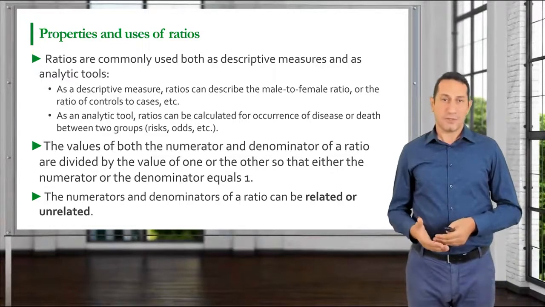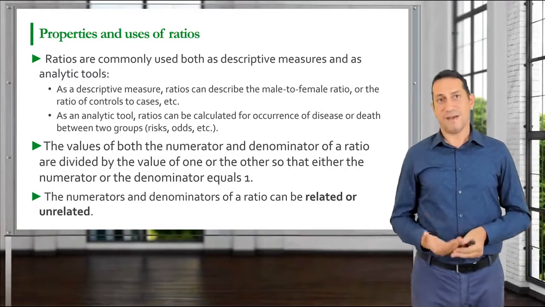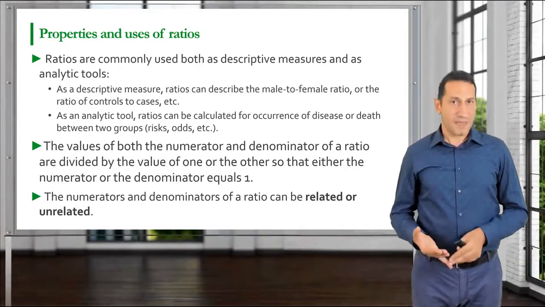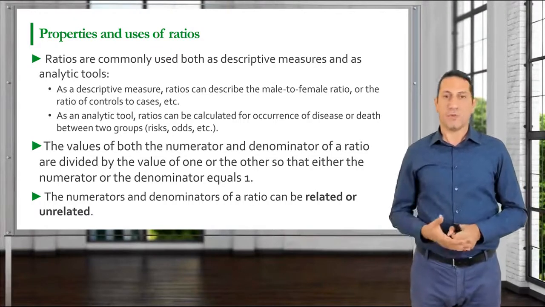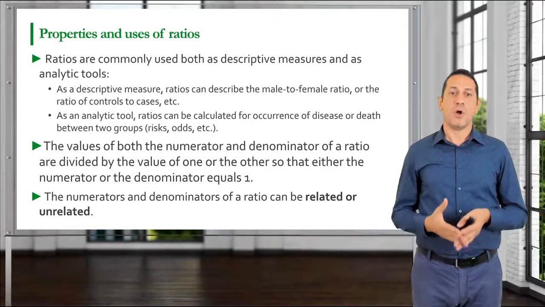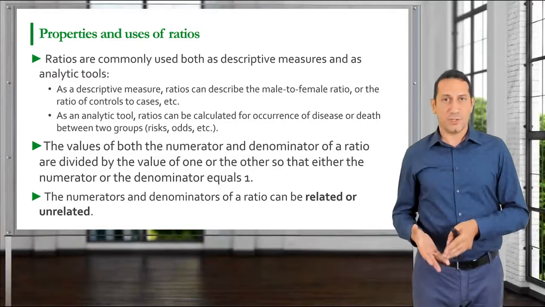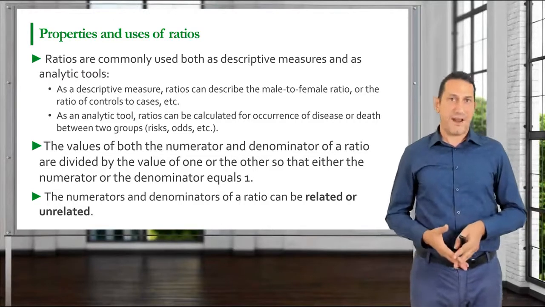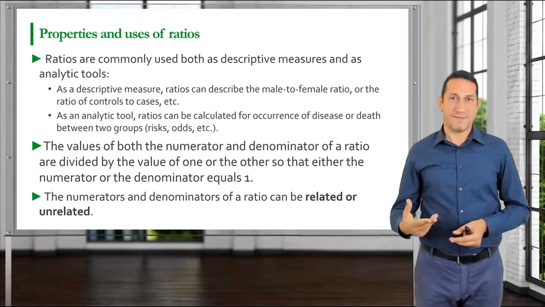The values of both numerator and denominator can be divided by the value of the numerator or the denominator. So it's like we simplify the fractions, that we divide or multiply both of them by a specific number.